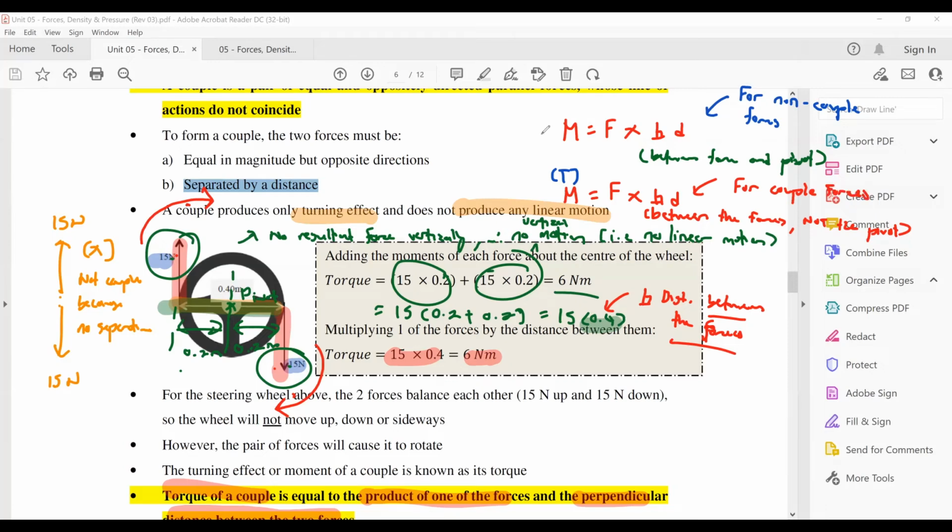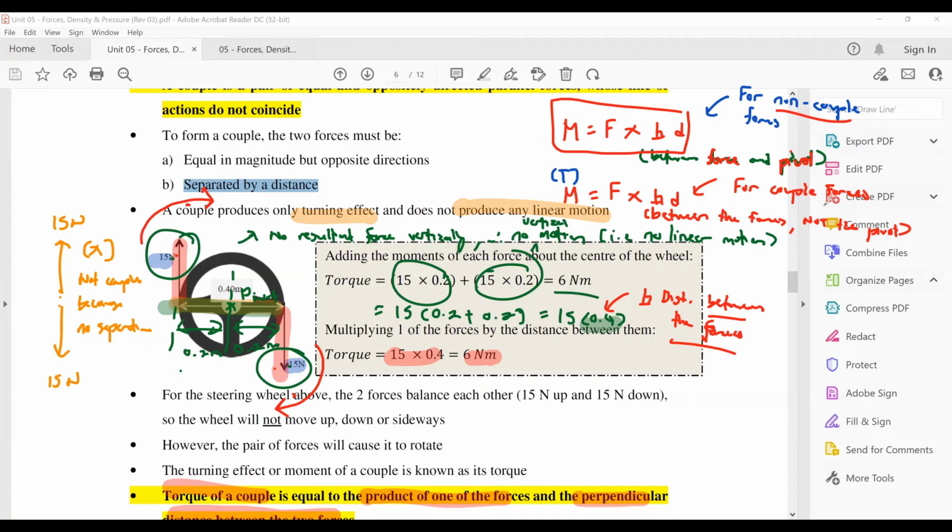So there's some similarity in the equation, but the distance that you use is slightly different. It depends on the nature of the force. If it's not a couple, you don't see equal opposite forces separated by distance, you want to find the moment or torque, yes, you will use this, but that distance will be between the force and the pivot.